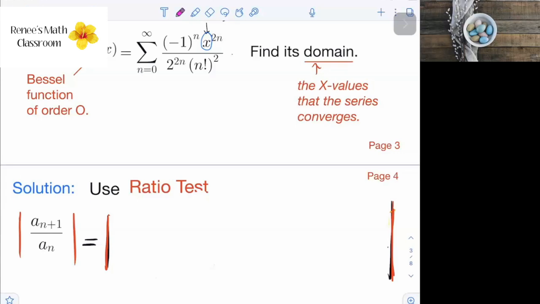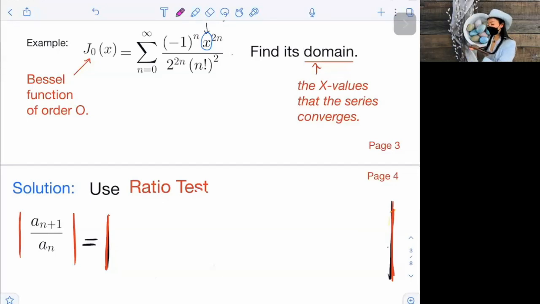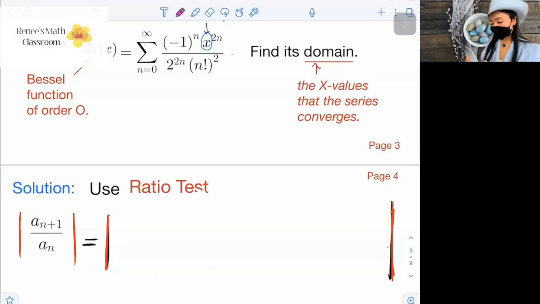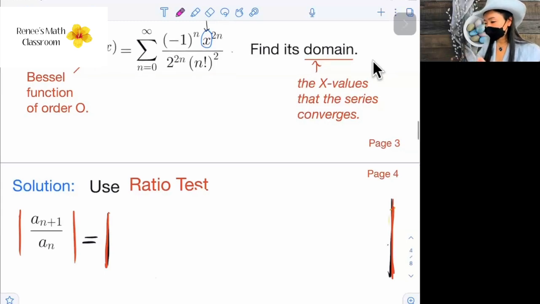So that will be 1 over 4 times (n plus 1) squared, and then over here absolute value of x squared. But do we need the absolute value here in this case, you think? Now it's perfect. Okay. So now it's right. So you did a good job. But next time for those alternating signs, when you take absolute value, you can actually ignore them, okay, to make the computation a little bit simpler.